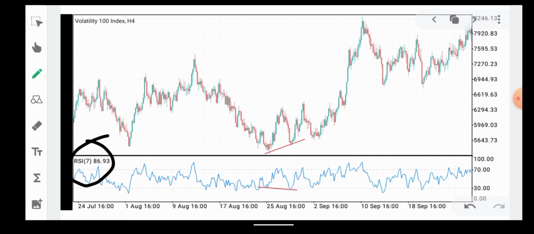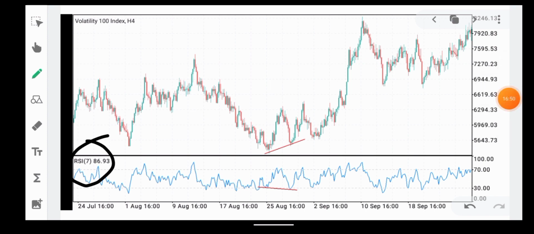Okay, RSI 7. People use default settings for divergence, RSI 14, that's the default. But for me, I use RSI 7. Anyhow you use it, it works the same, although they look different, they perform the same function. And for MACD, I use the same settings also.